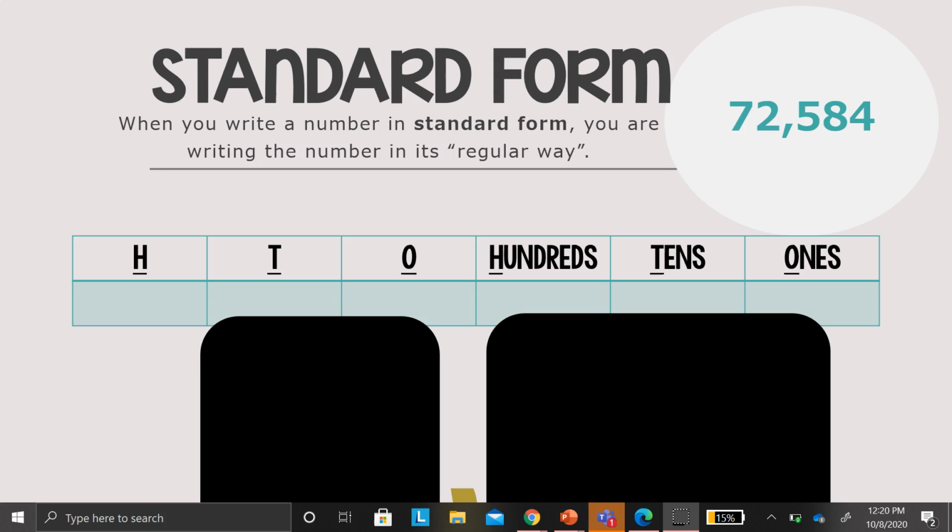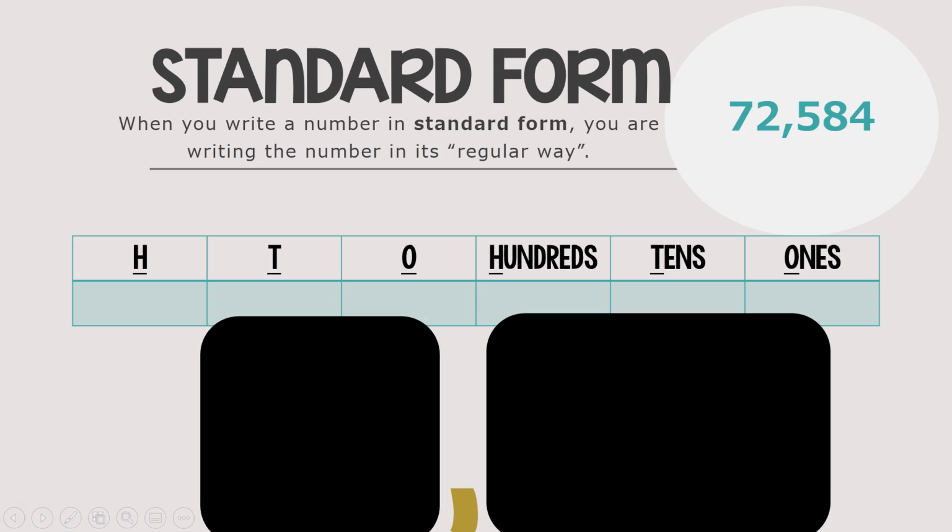Since I have a 5-digit number, I know that I'm going to be moving into my thousands period. Remember, each period has that HTO pattern. It always repeats itself, but when I move into the thousands period, I have to add the TH for 1,000, TH for 10,000, and TH for 100,000.